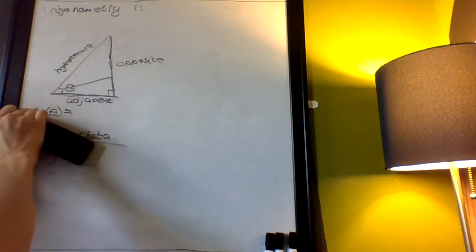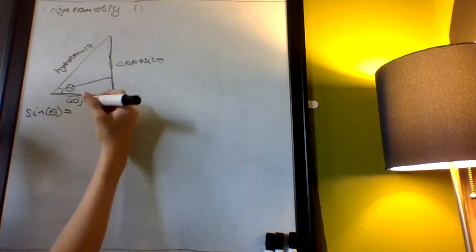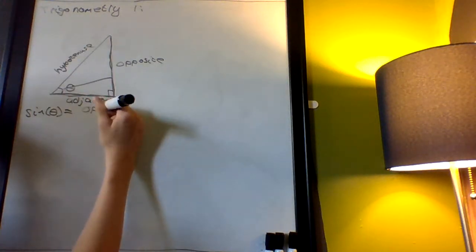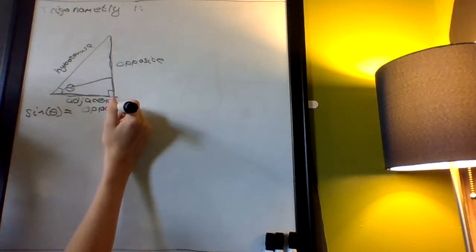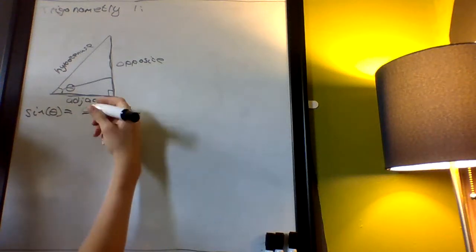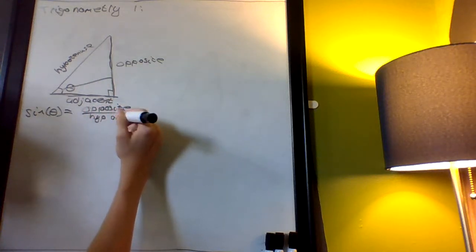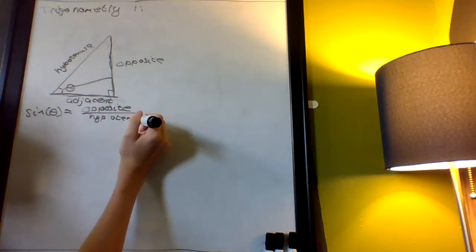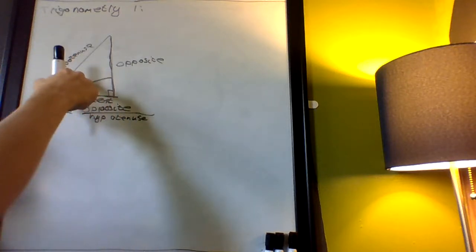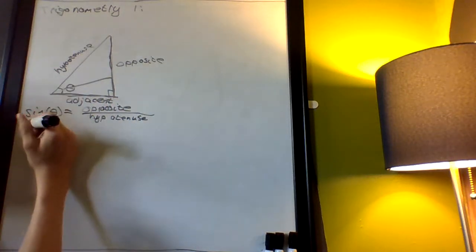So, sine of theta is going to be opposite over the hypotenuse. Opposite of your angle. It's all relative to your angle, okay?